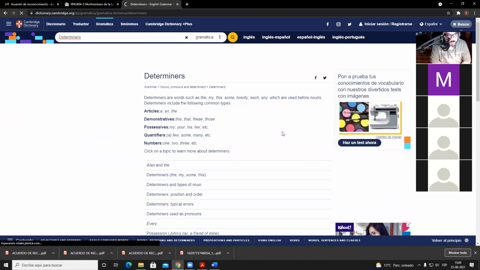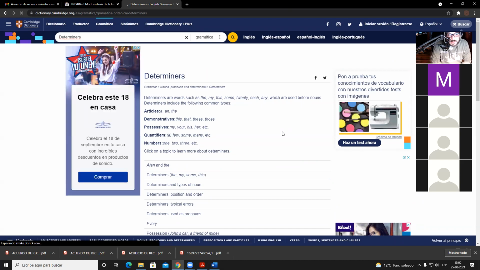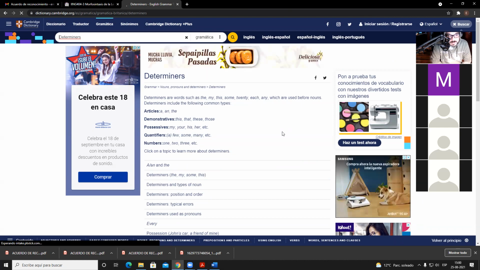Okay, so determiners are words such as the, my, this, some, 20, each, any, which are used before nouns. Determiners include the following common types: article, demonstrative, possessive, quantifiers, numbers.